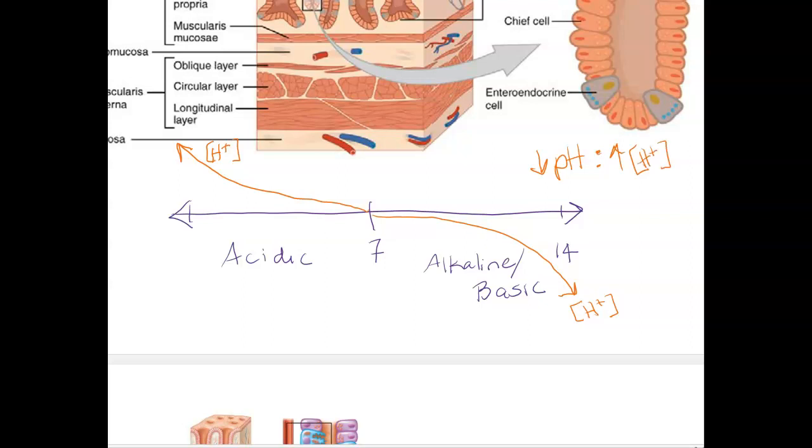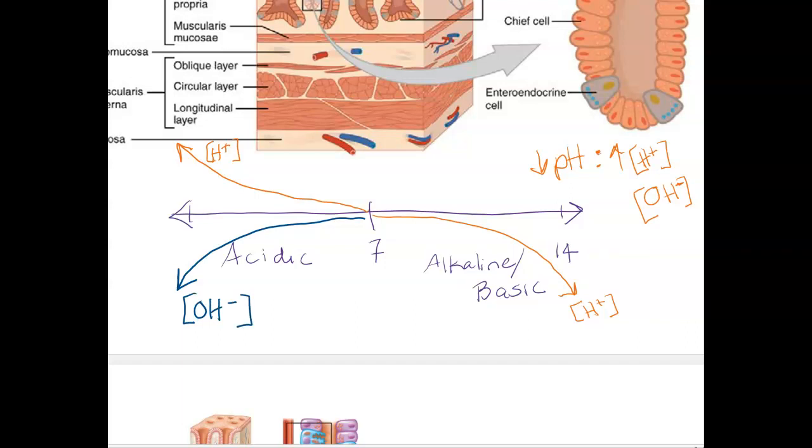But we can also change pH by adding or removing hydroxide ions. Those look like this. Now you may be familiar with this in something like sodium hydroxide, which is part of lye. In the case of the hydroxide ions, as a solution becomes more acidic, as the pH decreases, we would have fewer hydroxide ions.